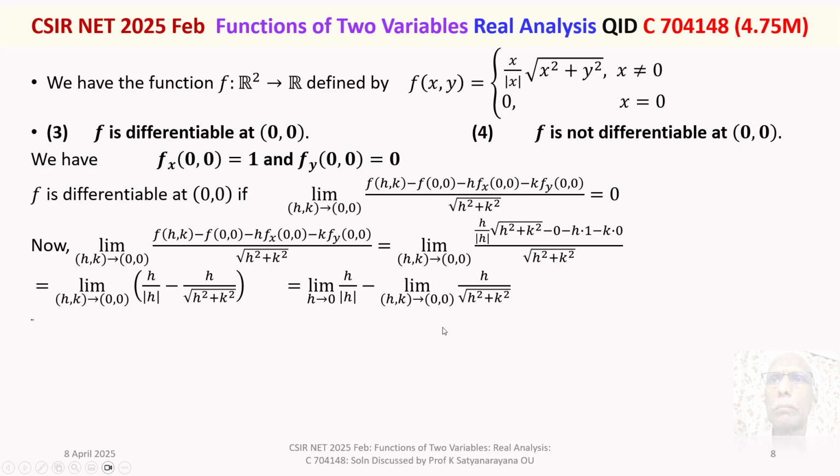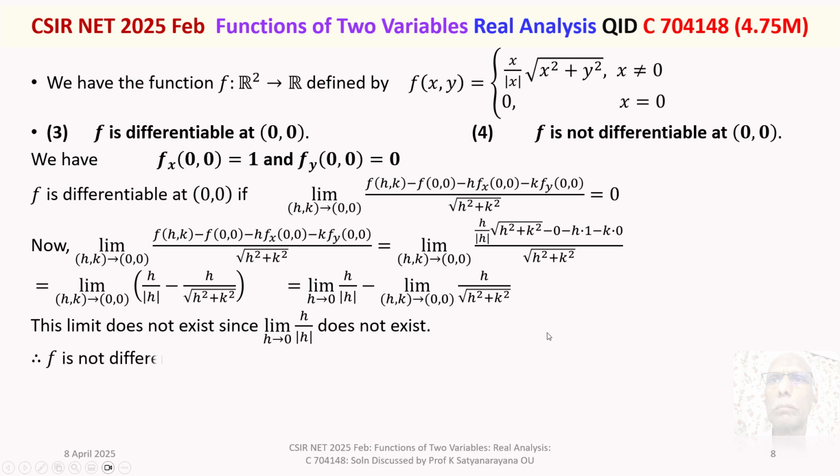In any case, this limit does not exist, right? Because the first limit does not exist, the second limit also does not exist. Therefore, the limit does not exist. So that means f is not differentiable at the origin.